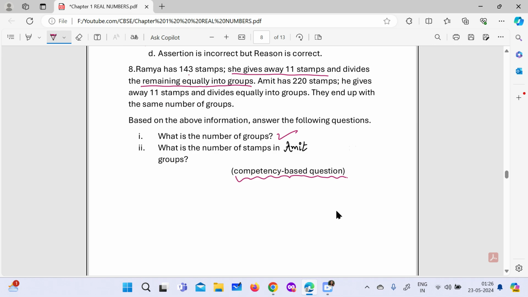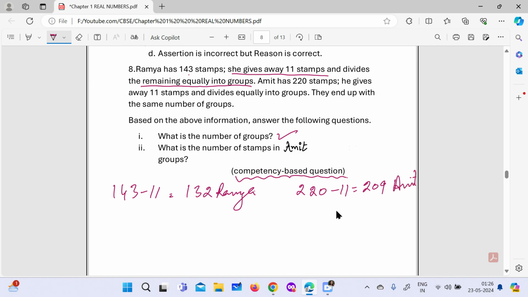She has got 143 stamps and she gives away 11. So how many stamps is she left with? 143 minus 11, that will give you 132. And then Amit has 220 stamps and he gives away 11. So he is left with 209 stamps. So this is for Amit.